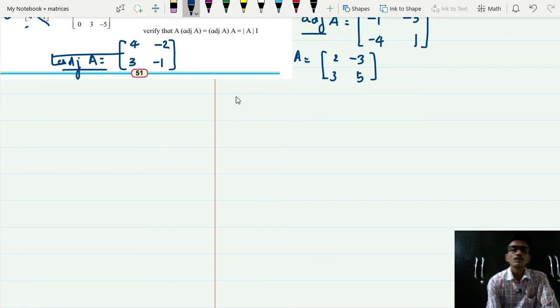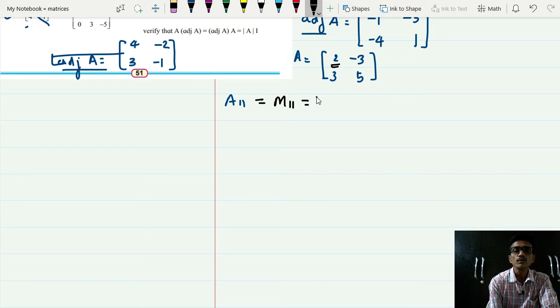A11 is equal to cofactor of this element. तो ये होगा M11. Minor of this is 5, so it is equal to 5. A12 is minus of M12.